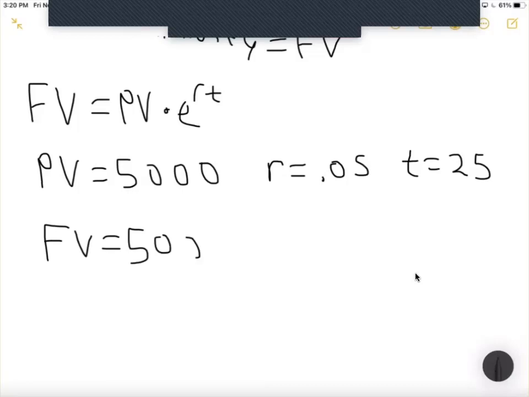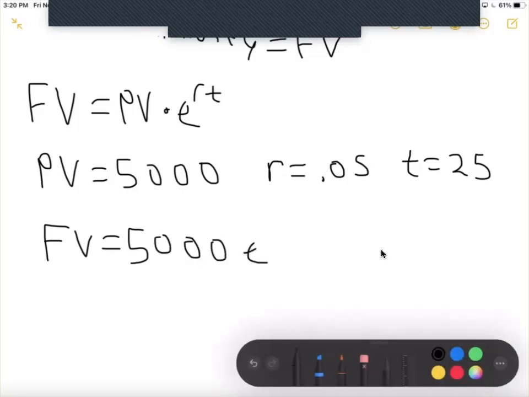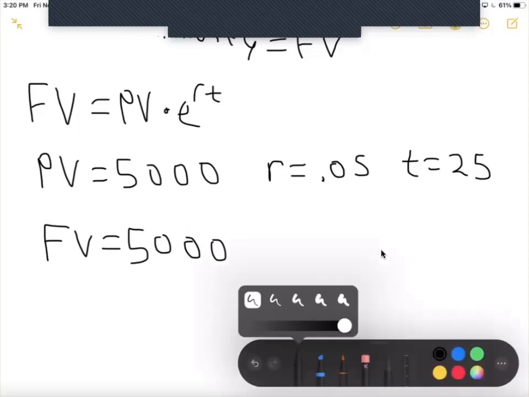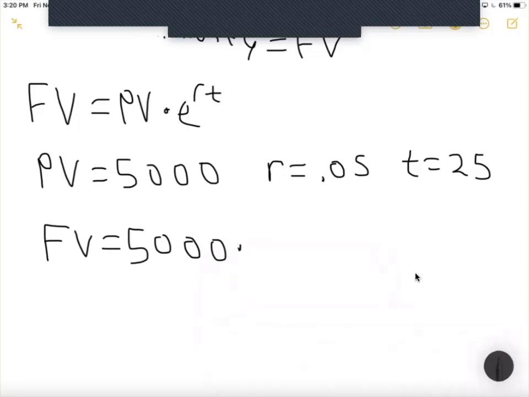I just want to do another example with you all since these letters are a little bit different. We're switching from the terminology of principal and annuity to present value and future value. So we just plug all this information into our equation.